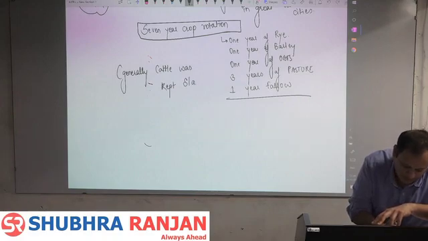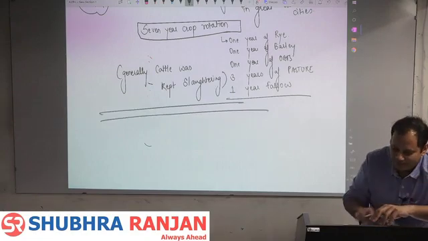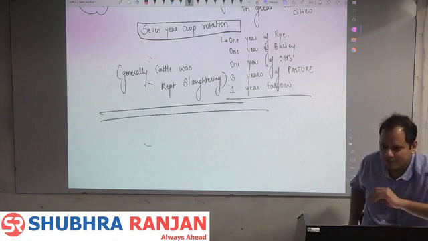Generally, the cattle was kept for slaughtering. Which regions are these? Beef producing regions. Cattle was kept for slaughtering.